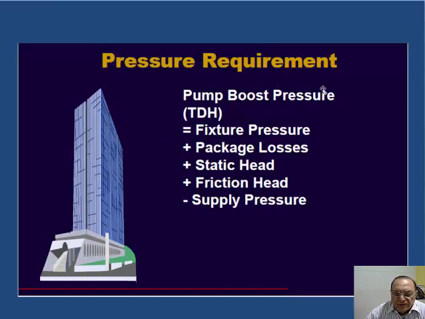This is the computation of what we had talked. Supply pressure will be deducted. You can see the minus sign, other things are added together, and that will be total pressure required for the system. That is also known as generally the working pressure.